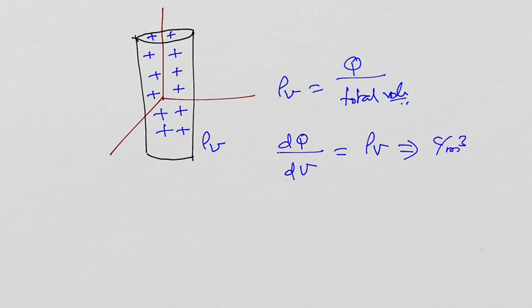So the total charge within a finite given volume is obtained by integrating dq, which equals the integral of rho V dv, performed over a volume. A charged cloud is an example of this.